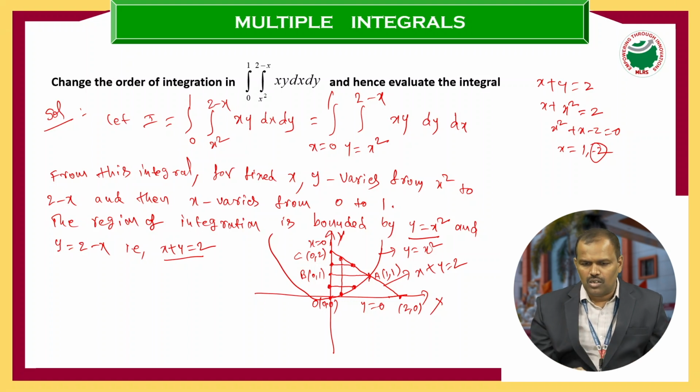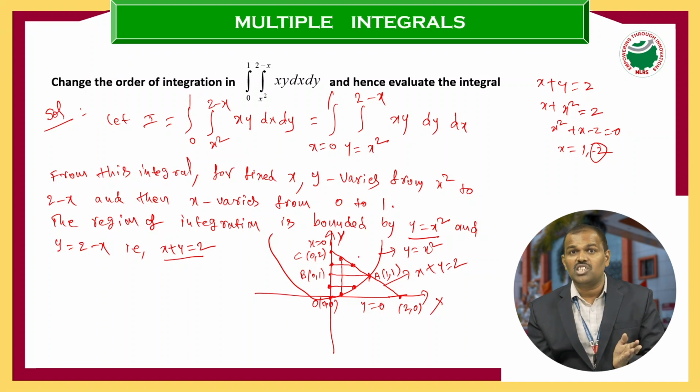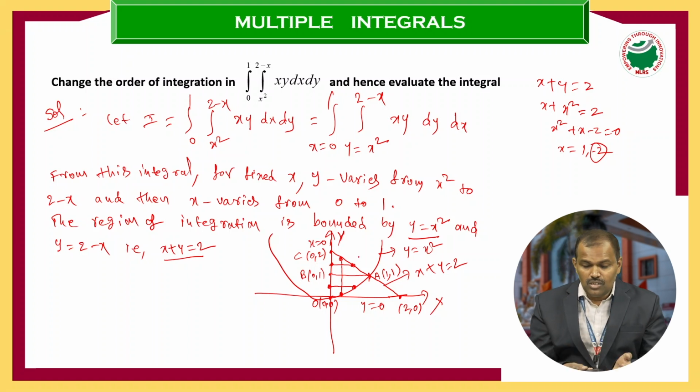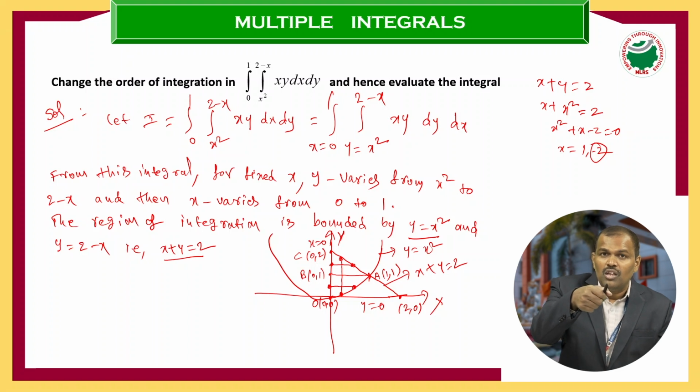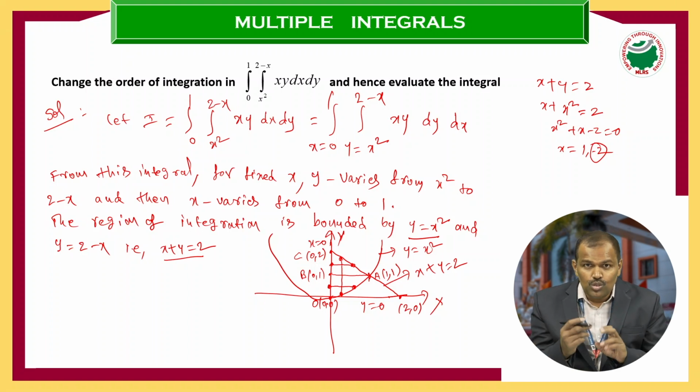So after the first half, in the second half, ABC or ACB, one edge is on the y-axis, another edge is on the line. That means the strip which is on the parabola will become on the line. So it's not uniform.